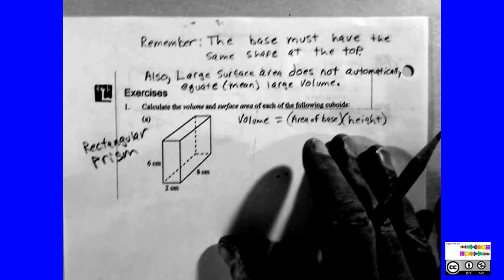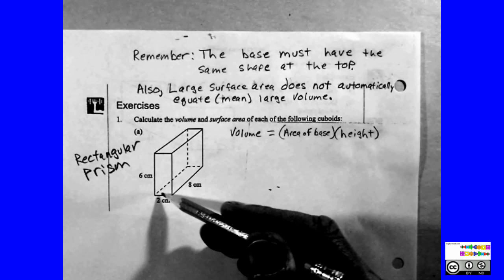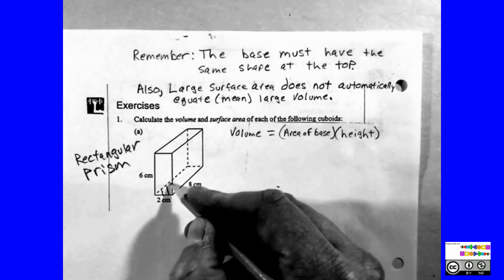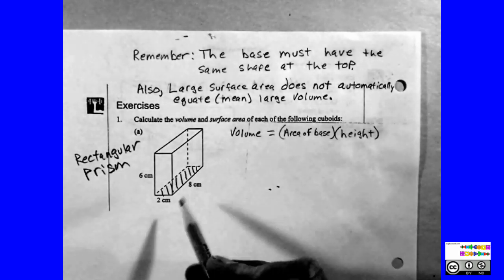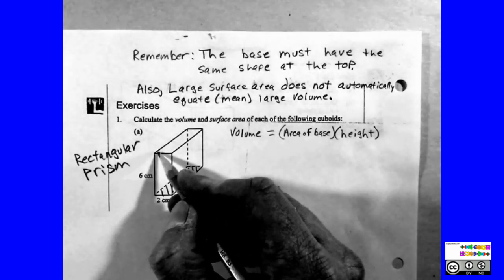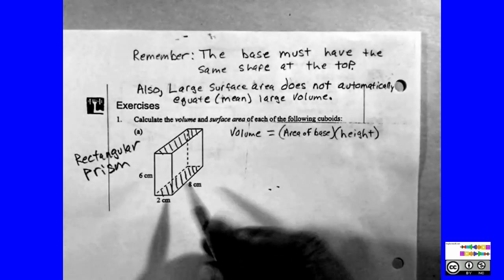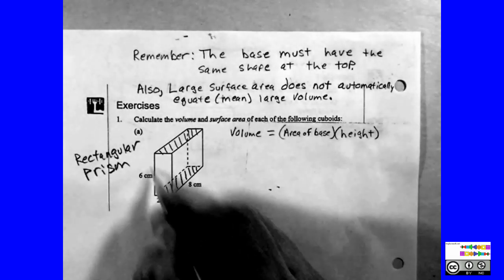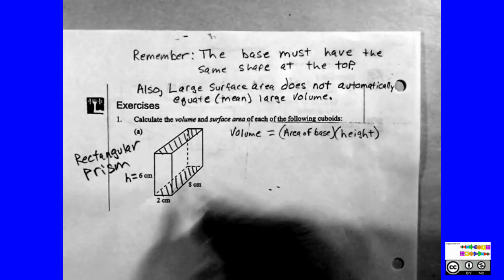We have to remember, when we're getting a volume, if we can get the area of a base, such as this one here, and that same shape, the exact same shape, is on the top, then we get the area of the base and multiply it by the height, which in this case is 6. So the height equals 6.